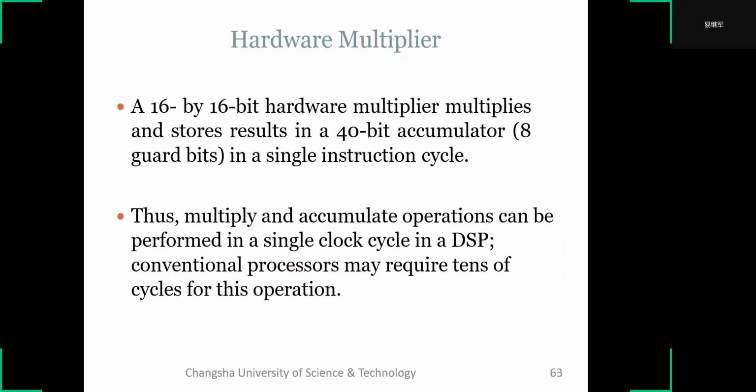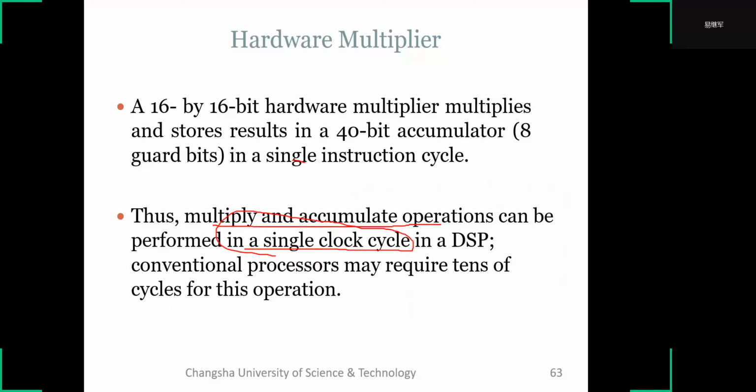Hardware multipliers. 16 by 16 bit hardware multipliers store the result in a 40 bit accumulator in a single instruction cycle. Thus multiply and accumulate operation can be performed in a single clock cycle in DSP.